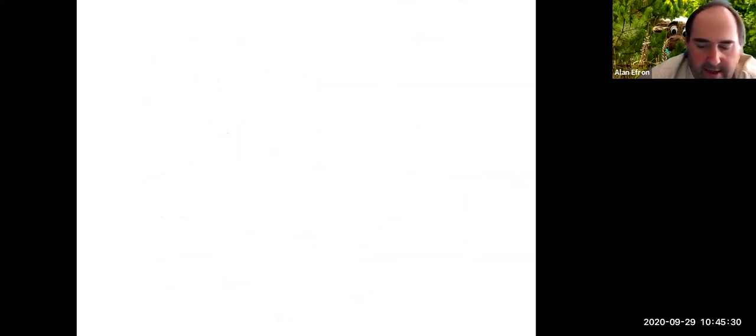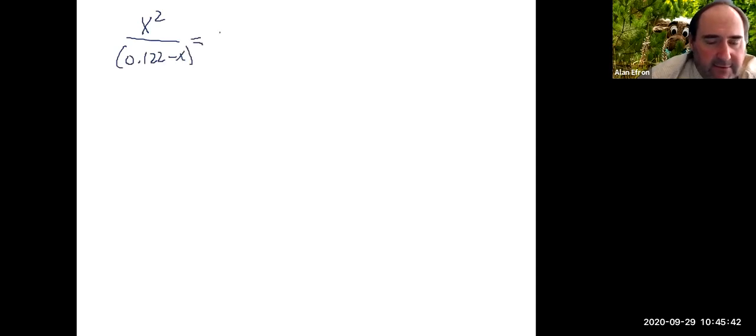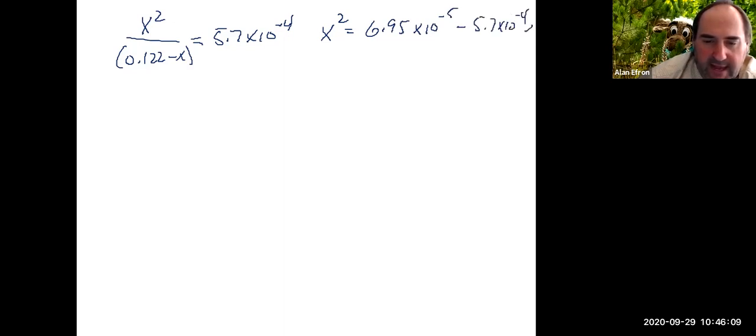If we do that, we'll go back to our x squared over 0.122 minus x equals 5.7 times 10 to the minus 4. We're going to multiply everything to the other side. That's going to give us x squared equals 6.95 times 10 to the minus 5 minus 5.7 times 10 to the minus 4 x.